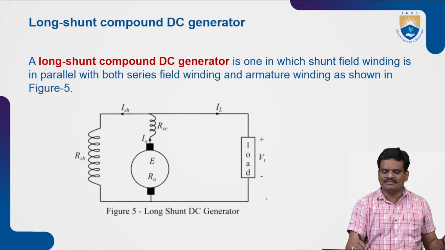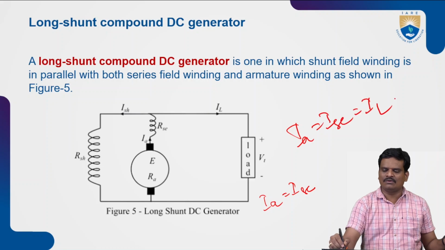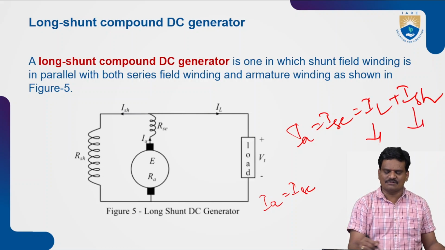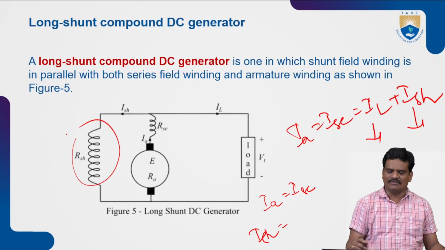So for this, what is the expression for currents? IA will be equal to ISC, or else the value of IA equal to ISC will be equal to IL plus ISH. What is IL? Load current. What is ISH? Shunt current. And what about the value of this particular ISH? ISH will be equal to the voltage across this particular terminal, VT by RSH.